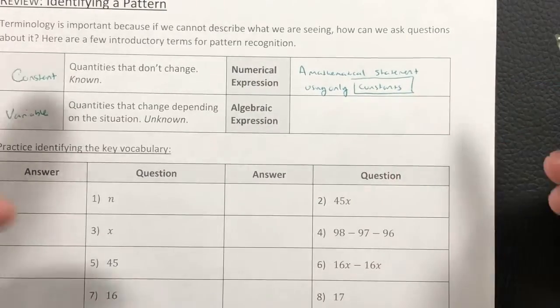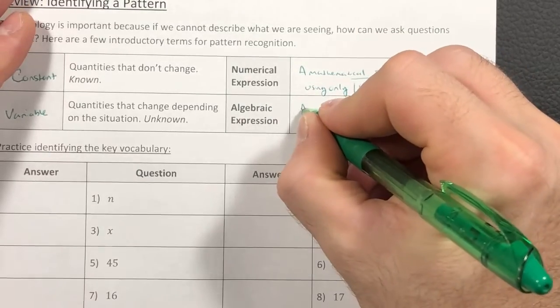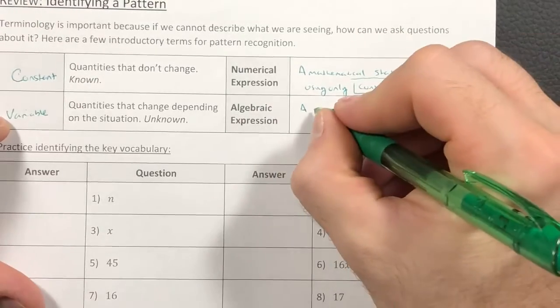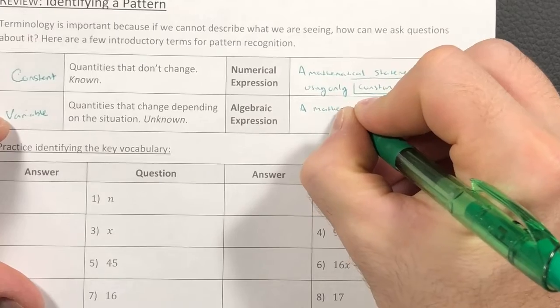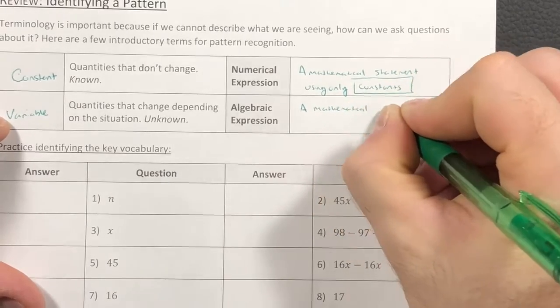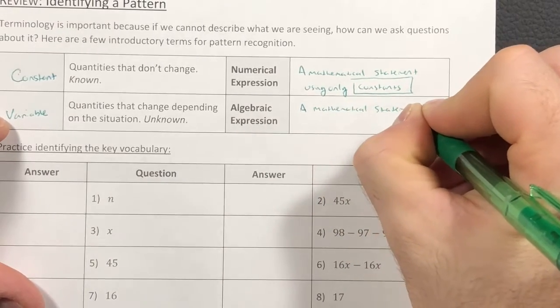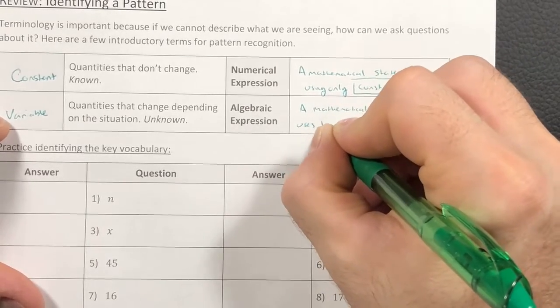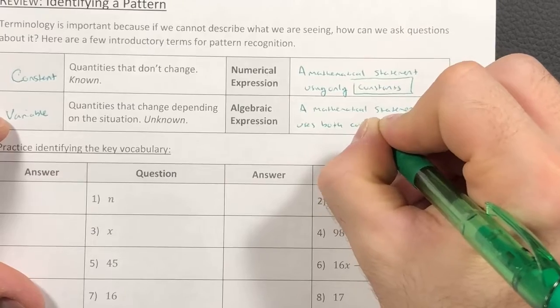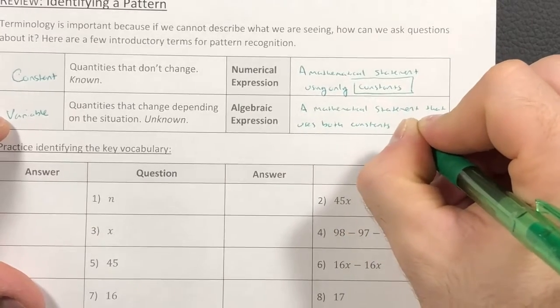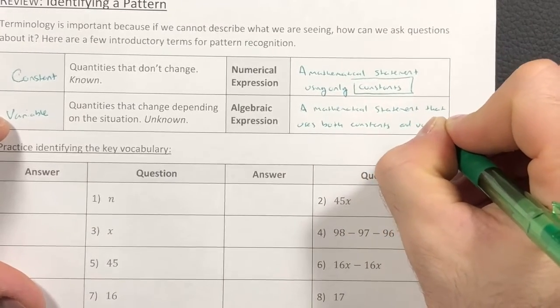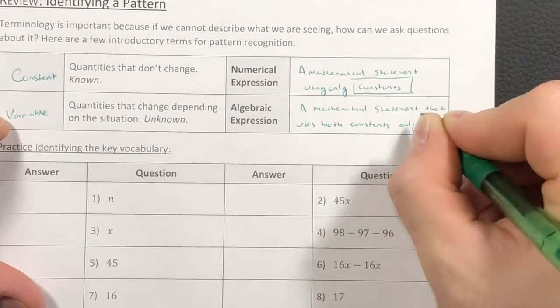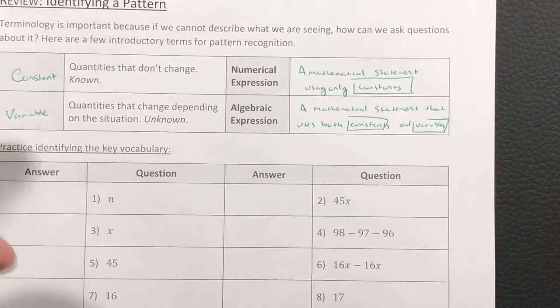Conversely, with this one, the algebraic expression is a mathematical statement that uses both constants and variables. Perfect.